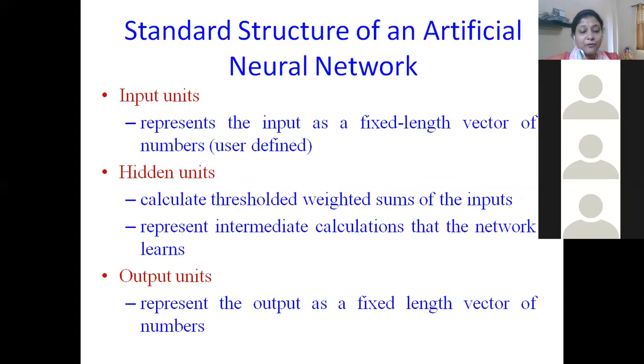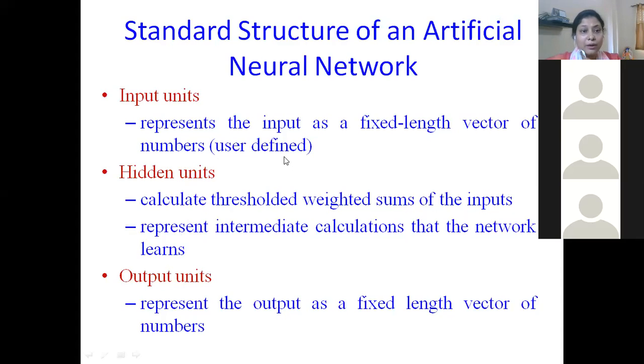From those slides, you have learned that there are three different units in any artificial neural network: an input unit, a hidden unit, and an output unit.